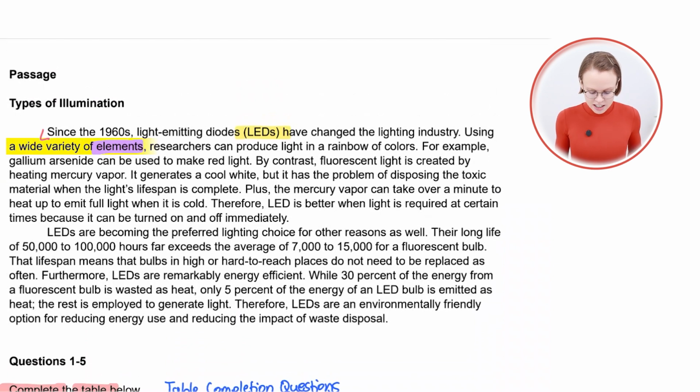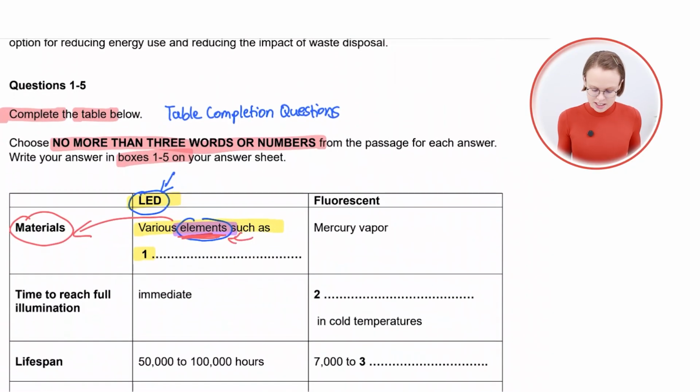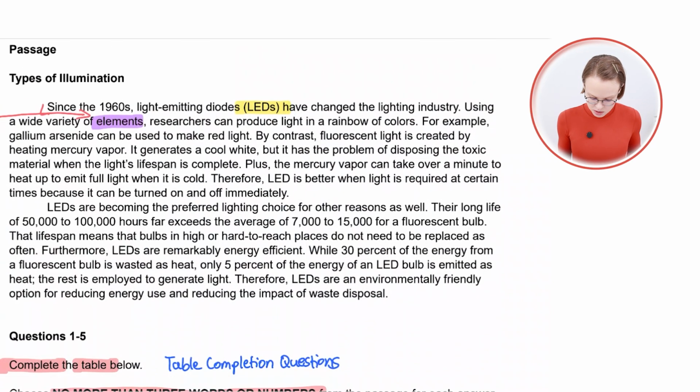Using a wide variety of elements, researchers can produce light in a rainbow of colors. So here the passage talks about elements, and this is what we are interested in here. But now we need to know which elements the passage is talking about. So let's continue reading. For example, gallium arsenide can be used to make red light.